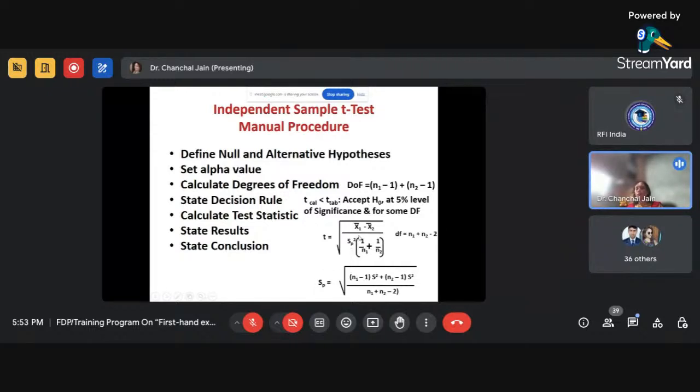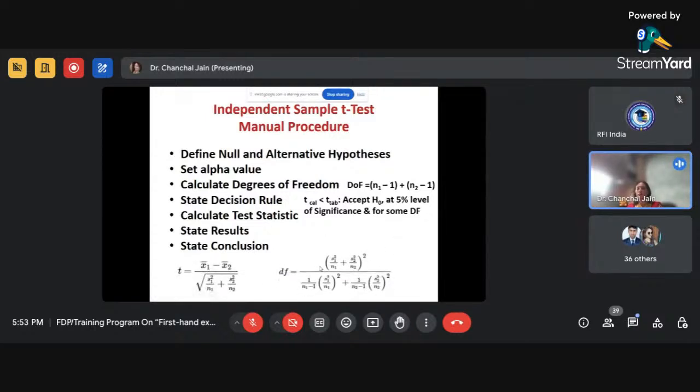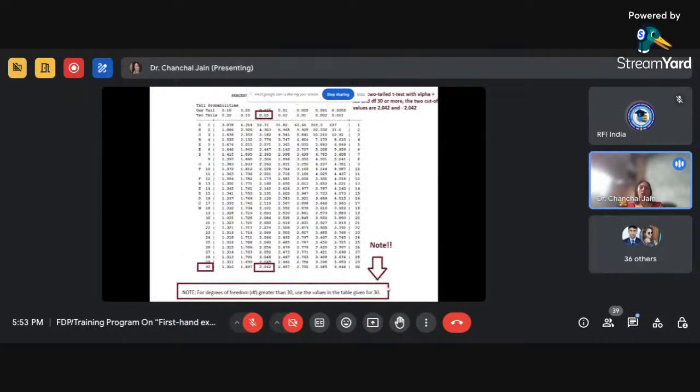But if it is not similar, meaning the variance is not the same for both the samples, then this is the second way of getting the t value and calculating the degrees of freedom, right? Further, if you are performing manual calculations, you can use the table to get the tabulated value, and you can compare your calculated and tabulated values.